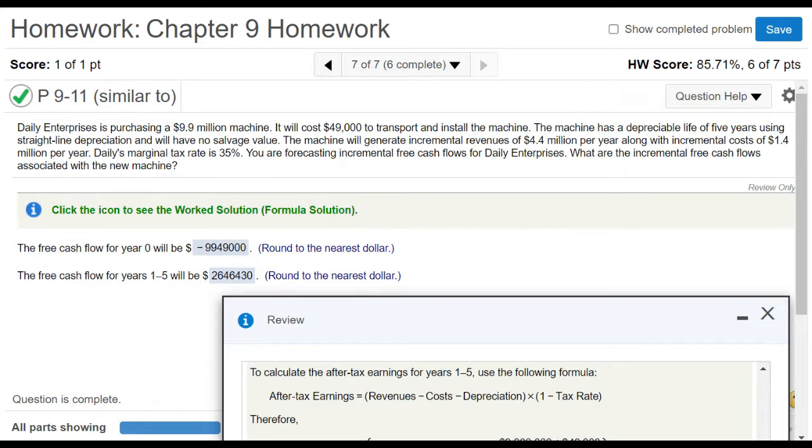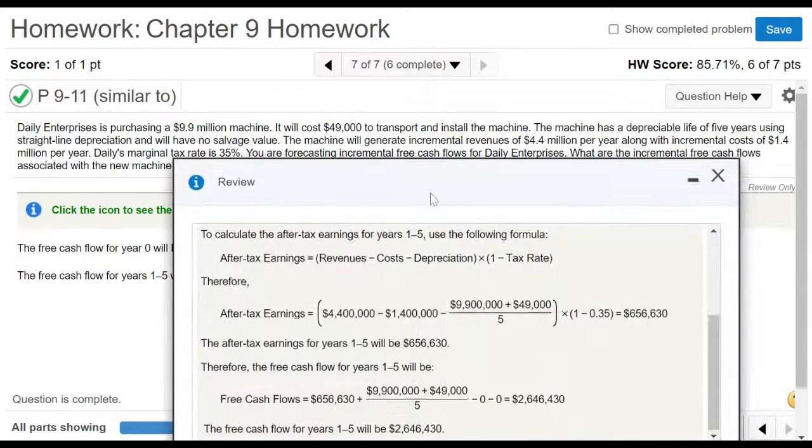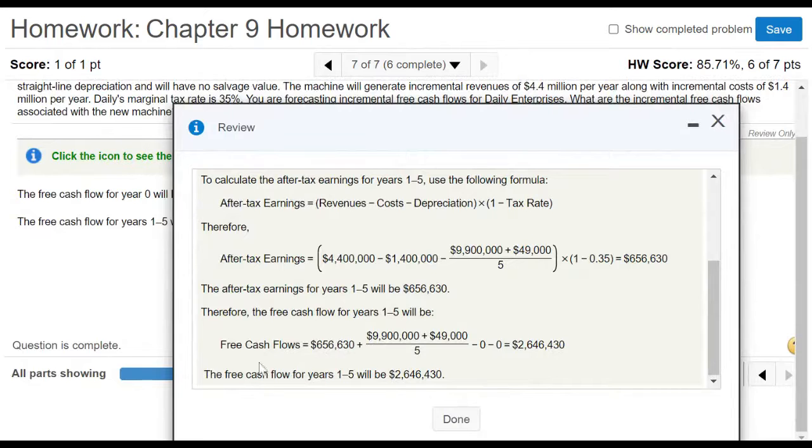You don't have 9,949,000. That's out, right? That's a negative. Once you start, this is going to be what your free cash flow is going to be for the next 5 years, right? That's what this is saying.